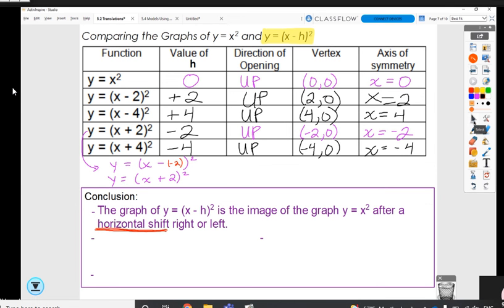But this one is a little bit tricky. I tried to provide a few examples in this note here to show you what I mean. A horizontal shift to the right is when that value of h is greater than 0, meaning that value of h is positive.